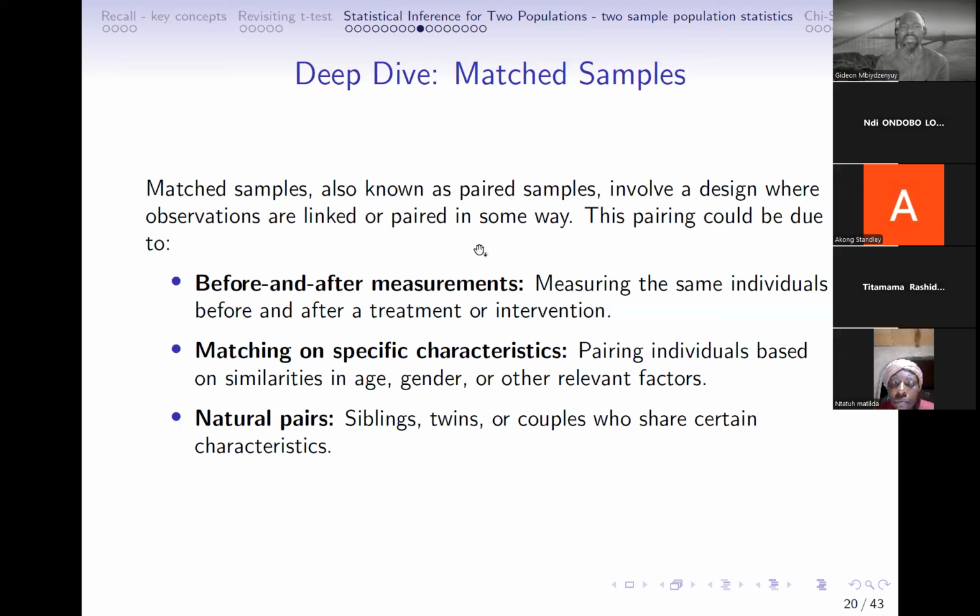So you can either match a before and an after, or you can match based on characteristic. There are other types of pairings which could be just natural pairs, such as siblings or couples or other characteristics.